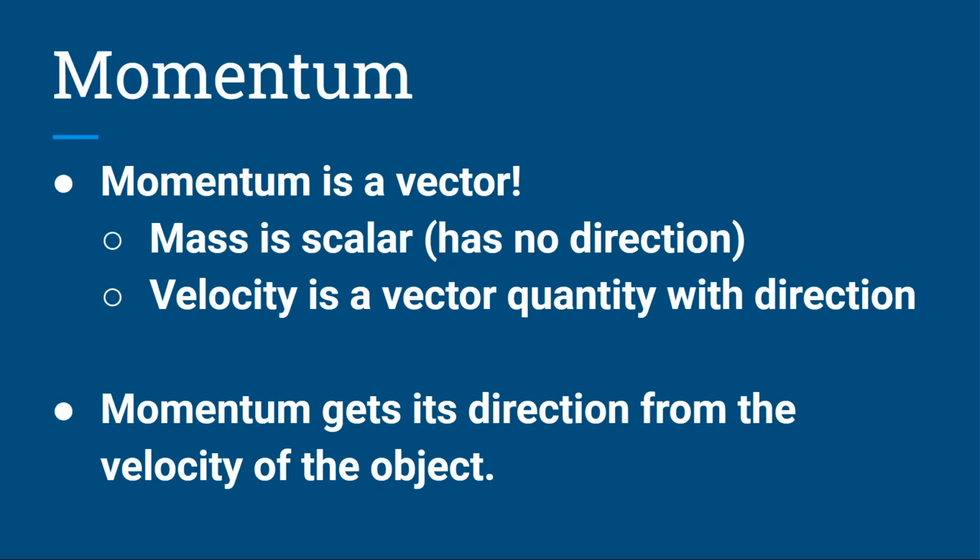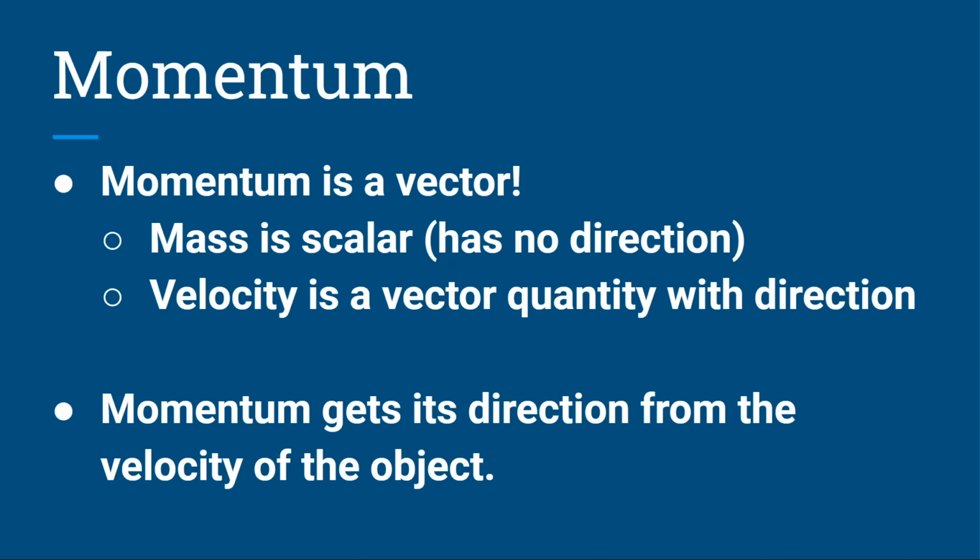Momentum is a vector. As a reminder, those vector quantities mean that they have both magnitude and direction. So whenever you specify the momentum of an object, you'll need both a number value and the direction of that momentum. When we look at the two different variables that affect the momentum of an object, we have mass and we have velocity.